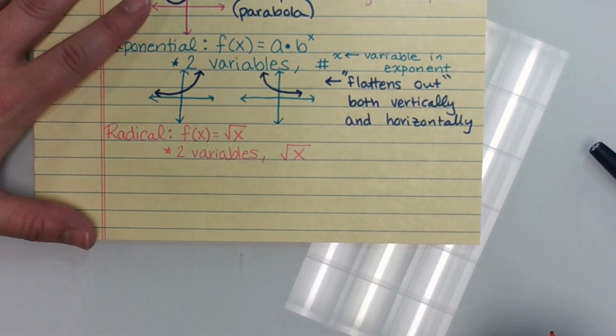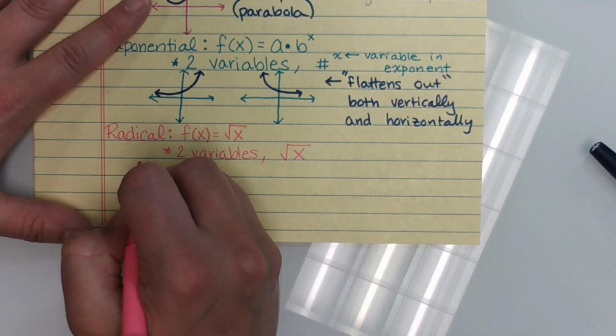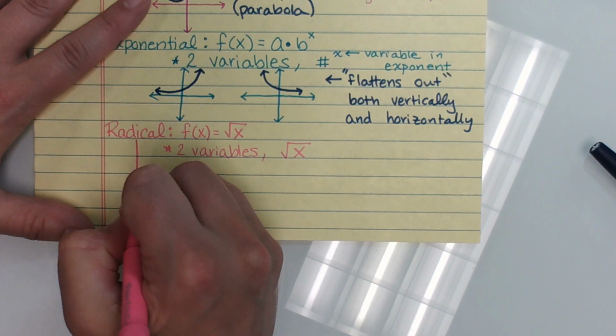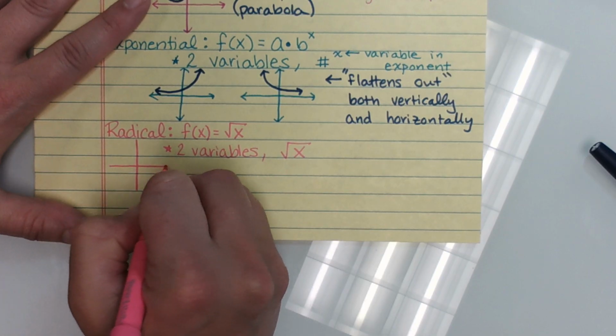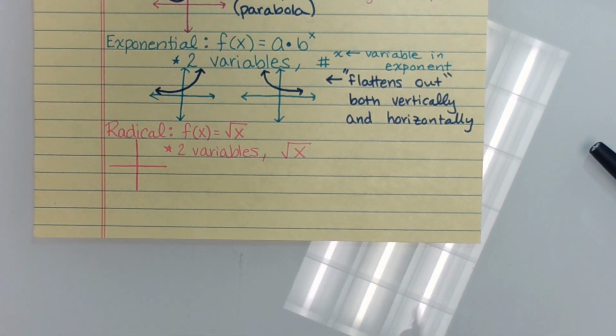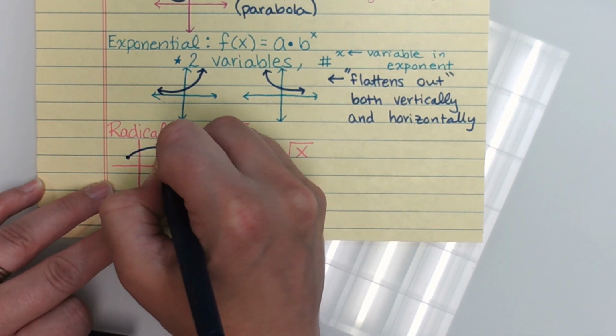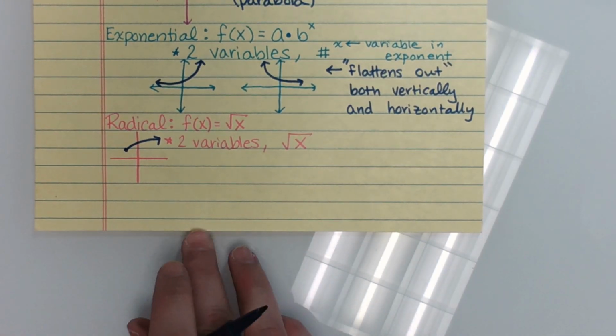I'm going to switch my graphs a little bit to get them to kind of fit on this page because I don't really want to move to a second page for the different types. A radical graph generally looks something like this.